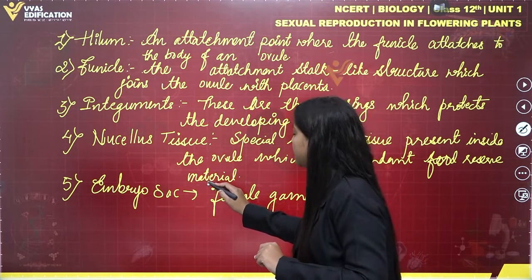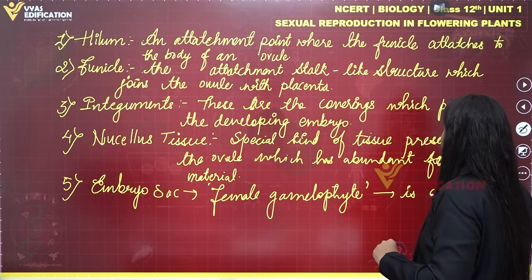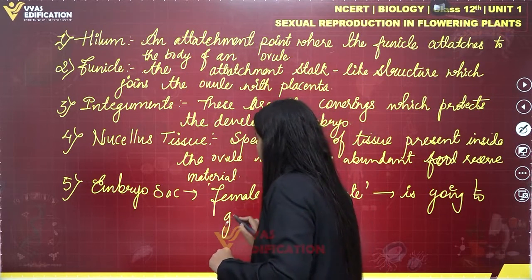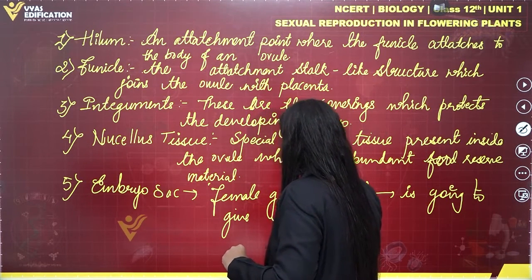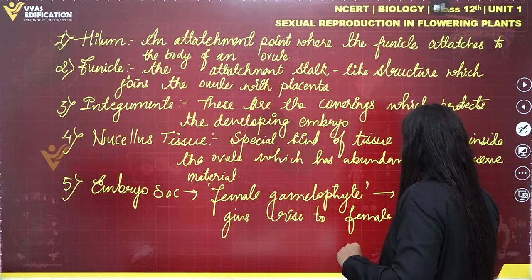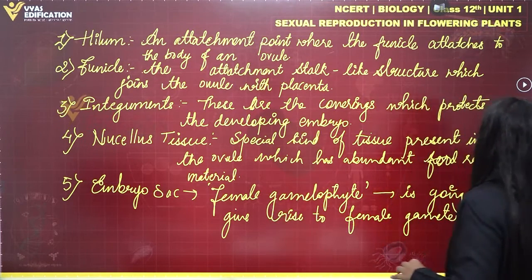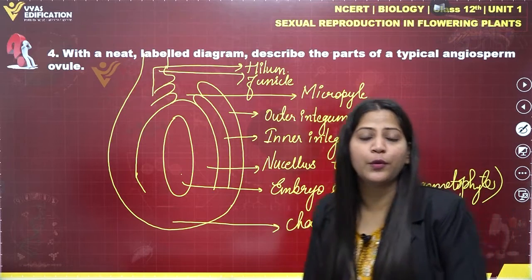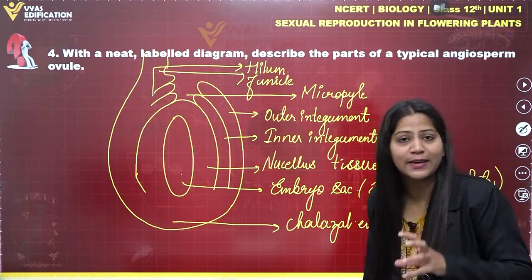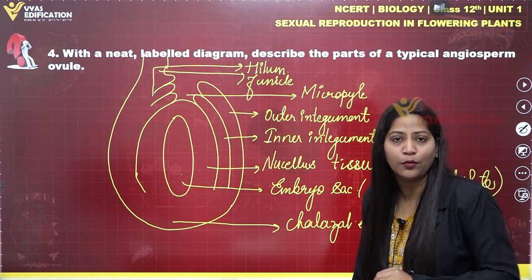This female gametophyte is going to give rise to the female gamete inside it. So with this we have completed the solution of question number 4, with the neat and labeled diagram of an ovule, and we have also described the parts of an ovule.